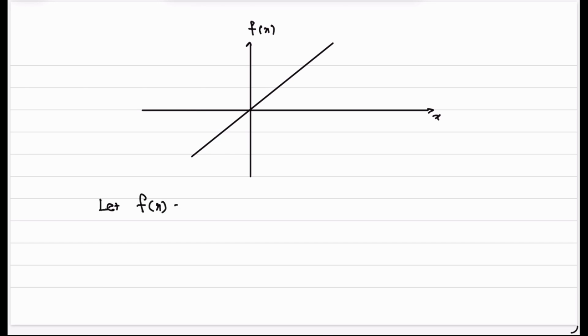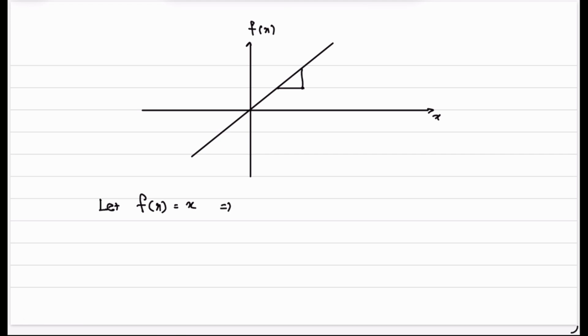There is a function, this is function x, this is x. There is a function x is equal to x. Let function x is equal to x. Then what will be its slope?